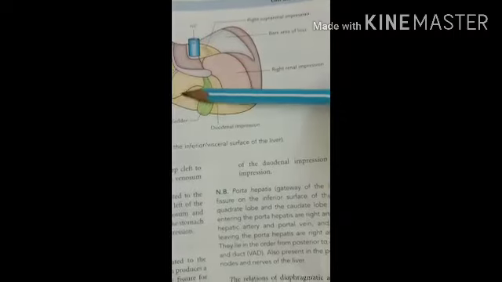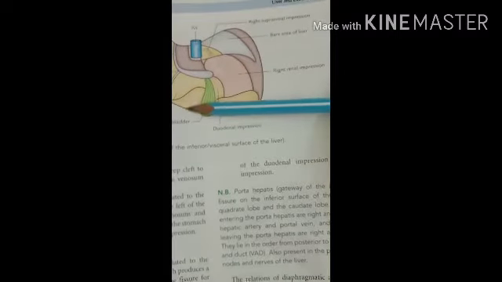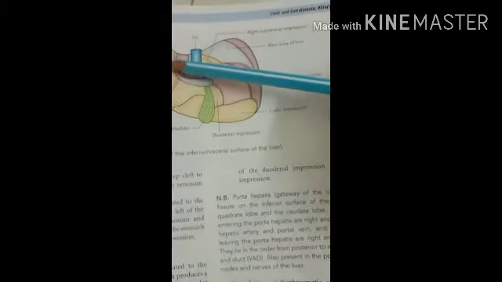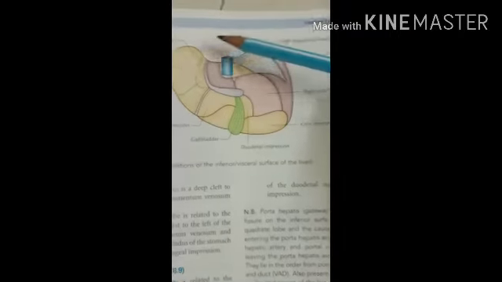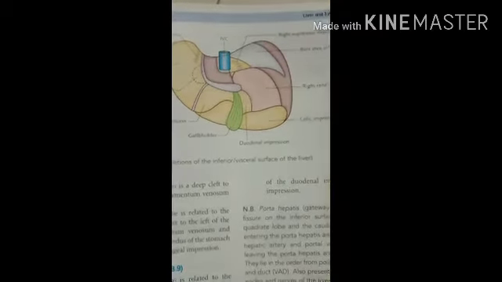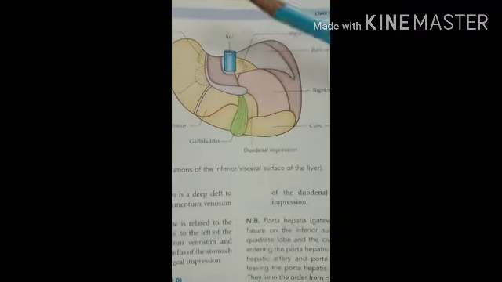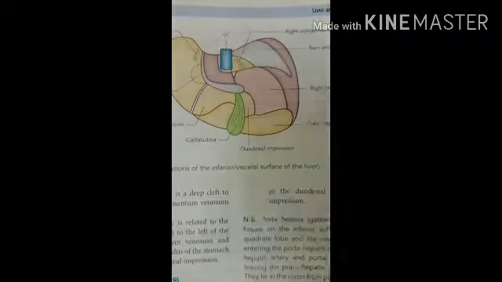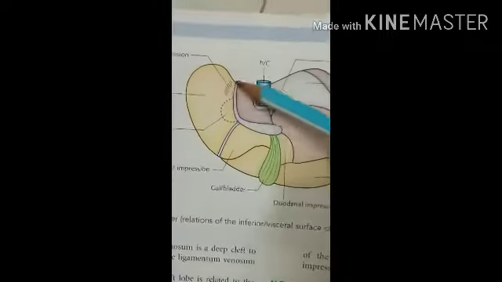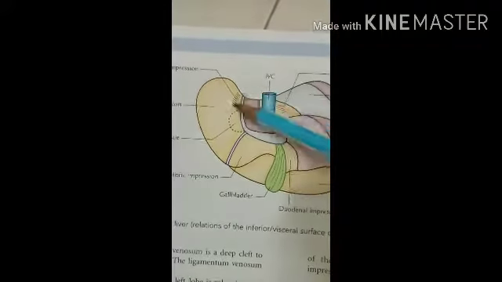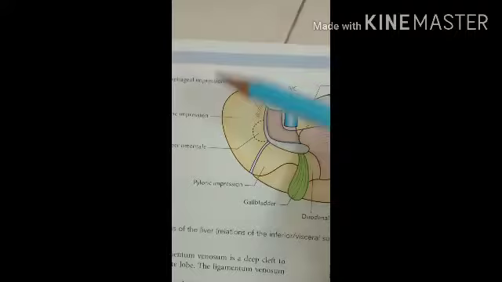Then the posterior surface of the left lobe, it is related to the abdominal part of the oesophagus. Then here you can see that is the oesophageal impression, this one, the oesophageal impression.